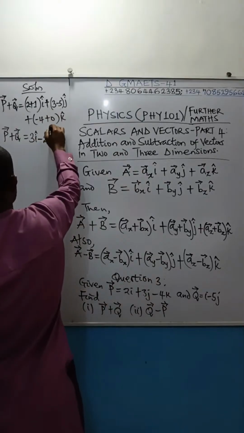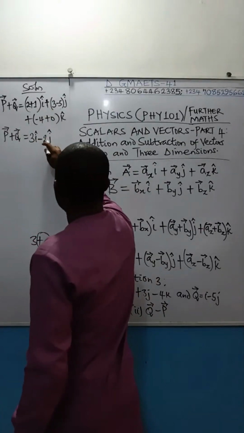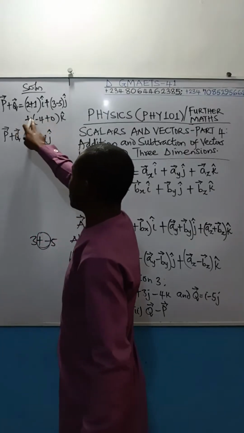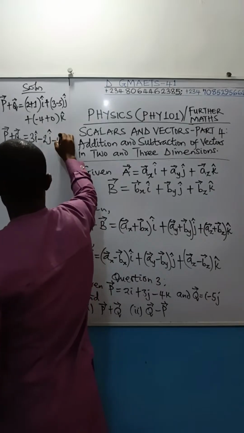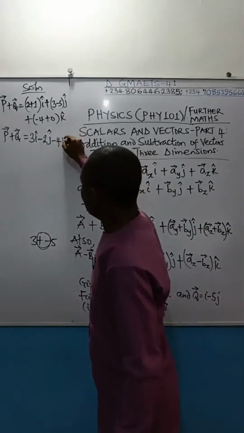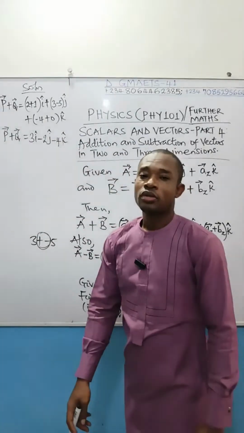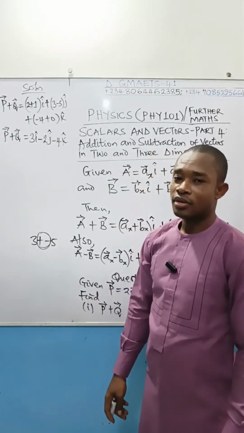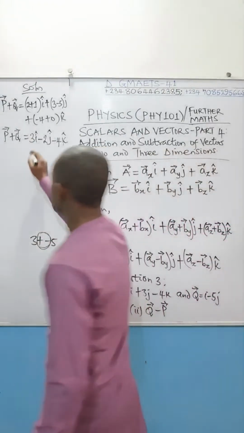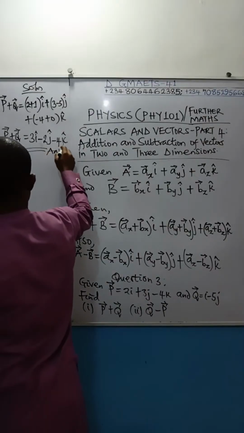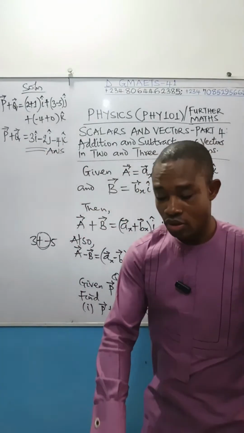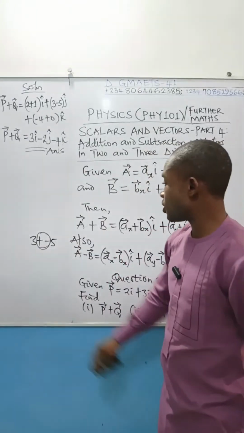We'll have 2 in the j direction. And then, of course, minus 4 plus 0 will give you minus 4. Plus times minus will give you minus. You fix your 4 here. And don't forget the unit vector. Okay. And this is how simple. Very simple. There is nothing difficult about it. This is how you add vectors in 2 or in 3 dimensions, as the case might be.